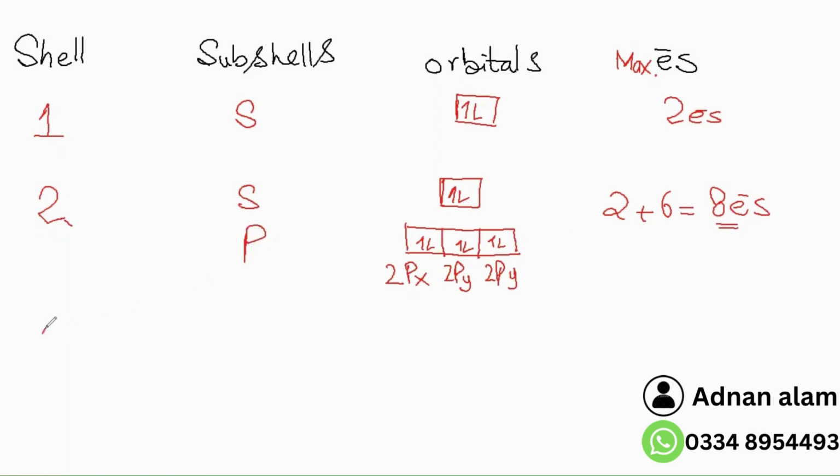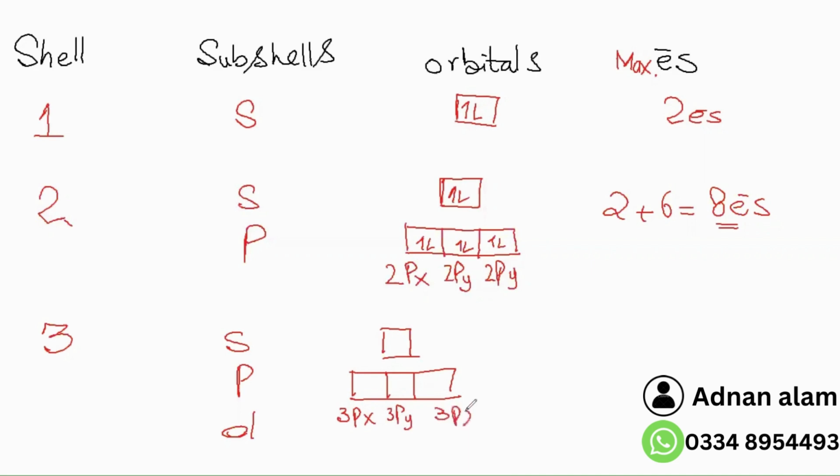Now, if you talk about principal quantum number 3, the third shell has 3 subshells, that is s, p, and d. The s subshell has one orbital, which is the s orbital. The p subshell has 3 orbitals. Now, these 3 orbitals are named 3px, this one is 3py, and this one is 3pz. And the d subshell has 5 orbitals. So 1, 2, 3, 4, and 5.